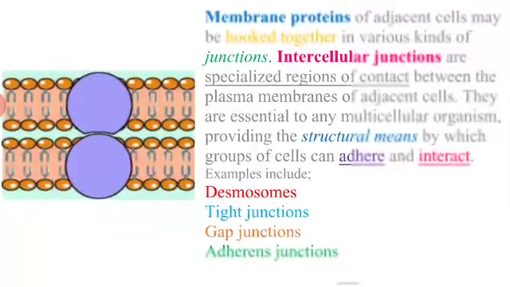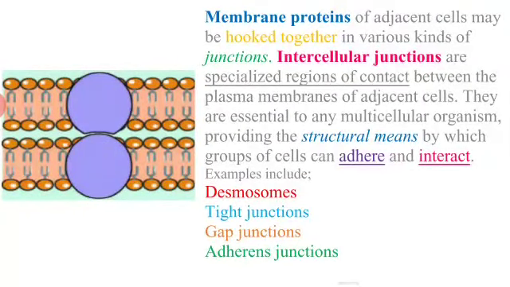That point of contact is referred to as a junction, and it is only made possible by certain specific membrane proteins. Okay, what is the use of these junctions? It's mainly to adhere, to glue cells together, but the other one is interaction, communication between cells at that point where they have made contact.